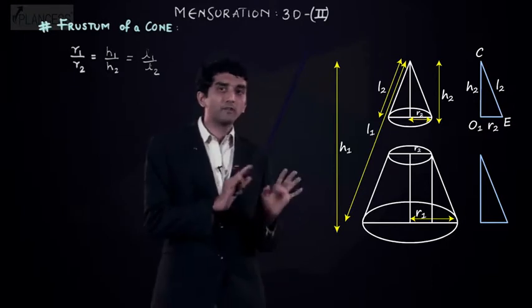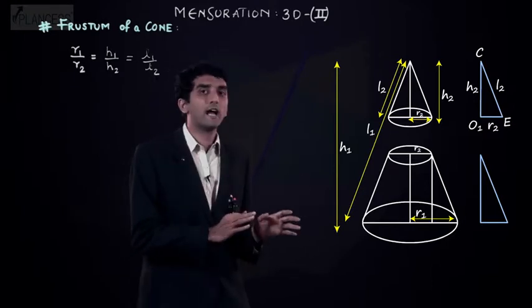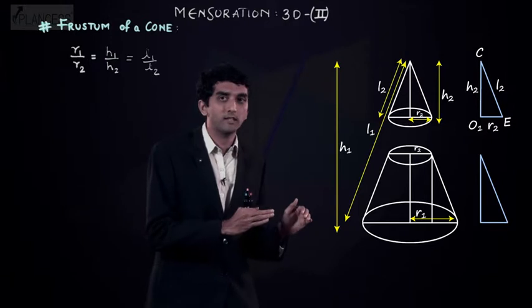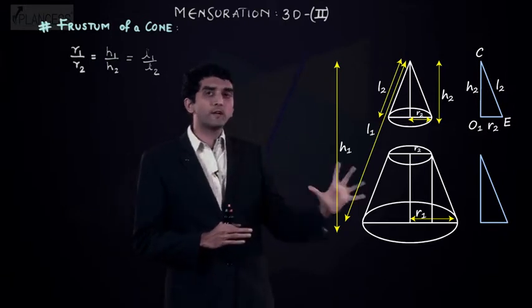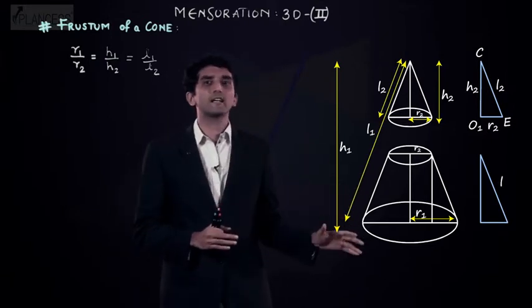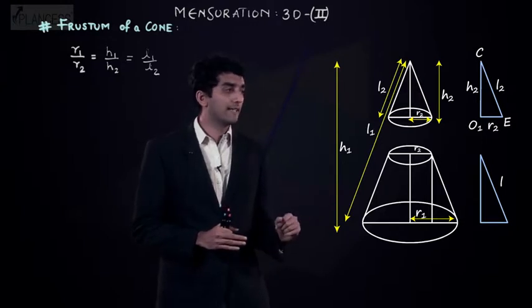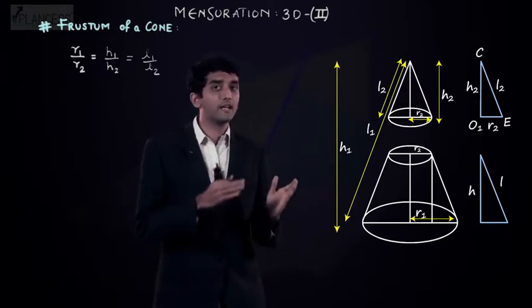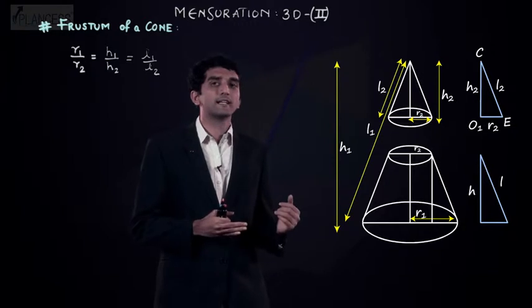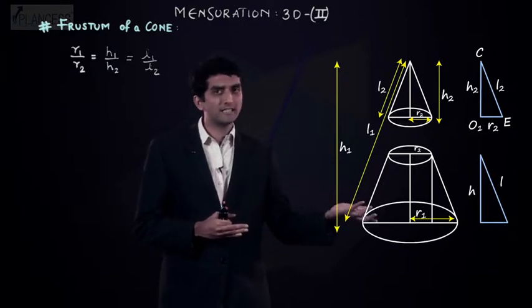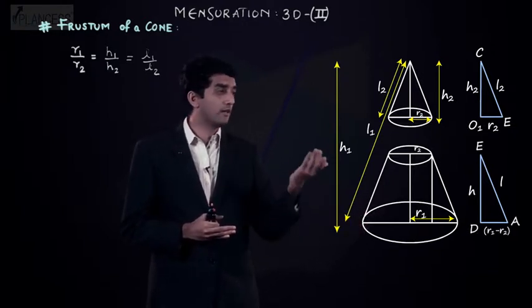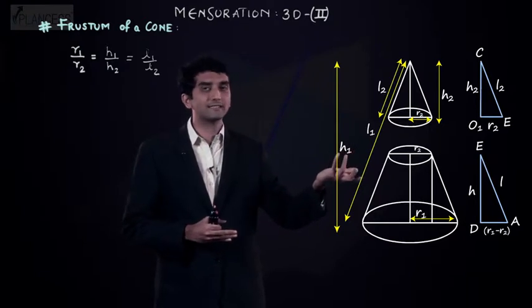Now after understanding this, we have to get into the frustum, right? So the frustum, let's say, has a slant height L. Let's say it has a vertical height H, and let's say it has the base radius. Naturally the base radius is R1 and the top radius is R2, right?